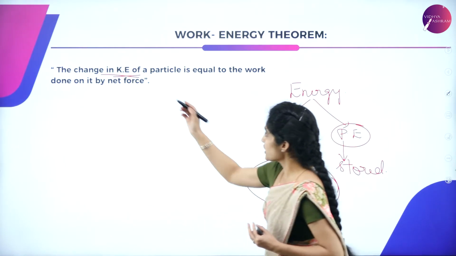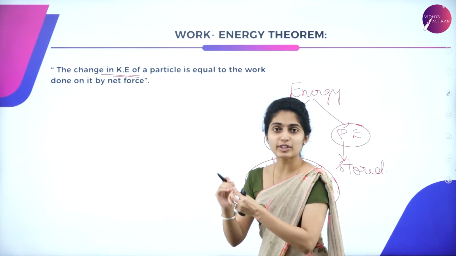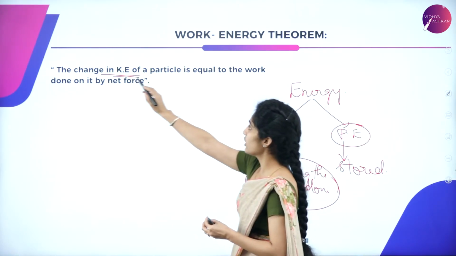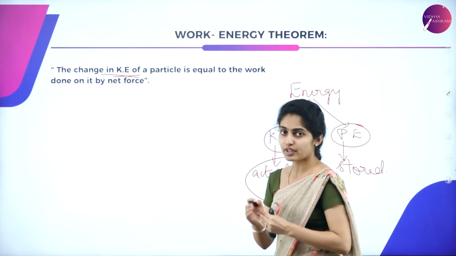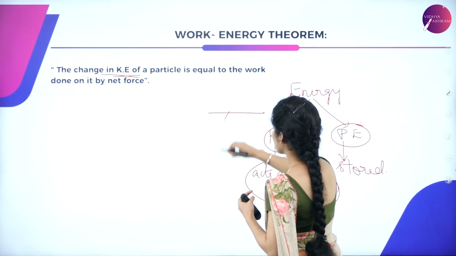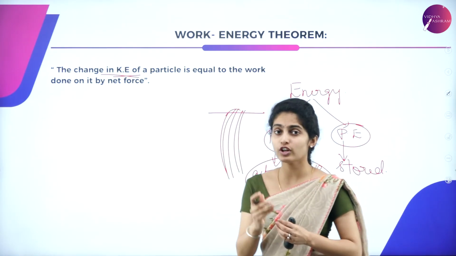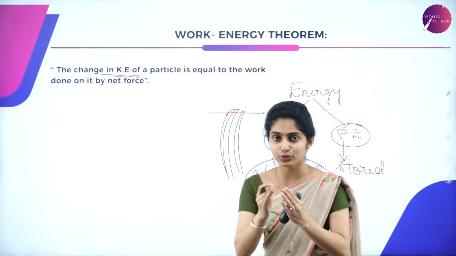So the particle is just moving. So there is a displacement of a particle. So that is all about change in kinetic energy, right? For example, this is the waterfall. Every now and then I keep giving the example of waterfall because that is very much easier for you to understand.